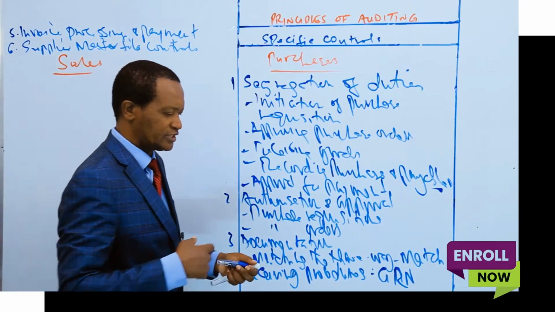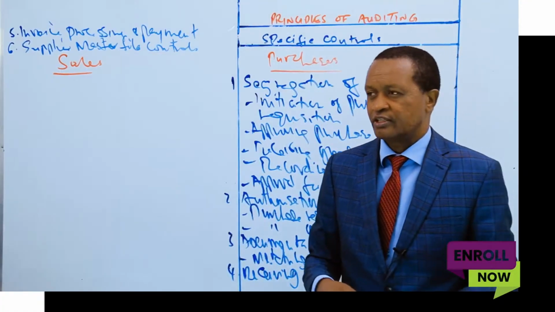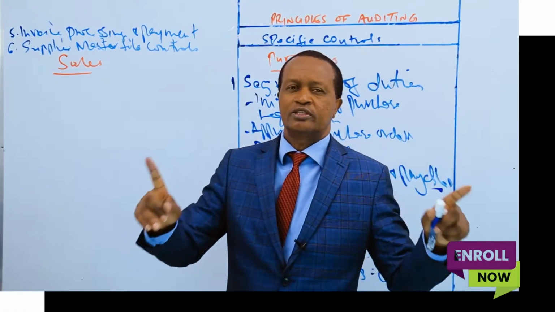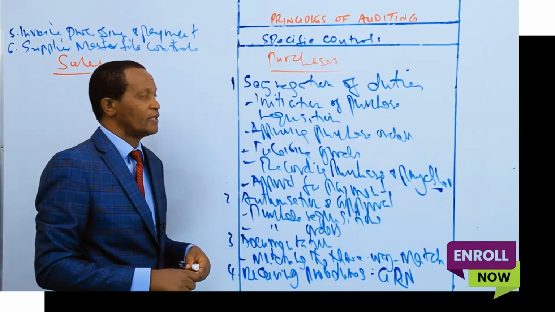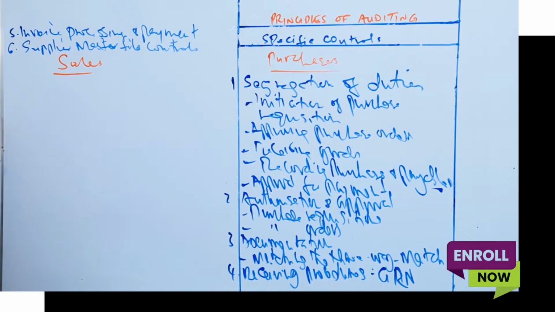When a company makes a sale, most likely on credit, there are various activities around the selling activities.